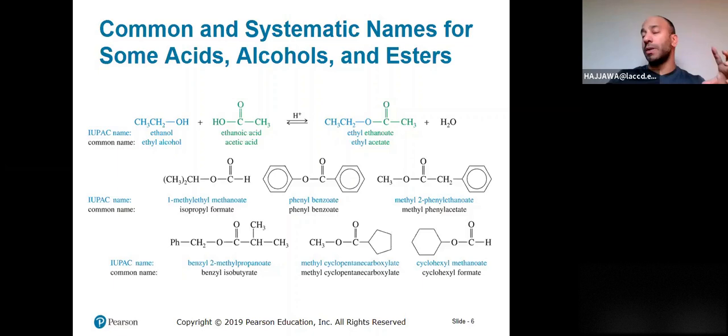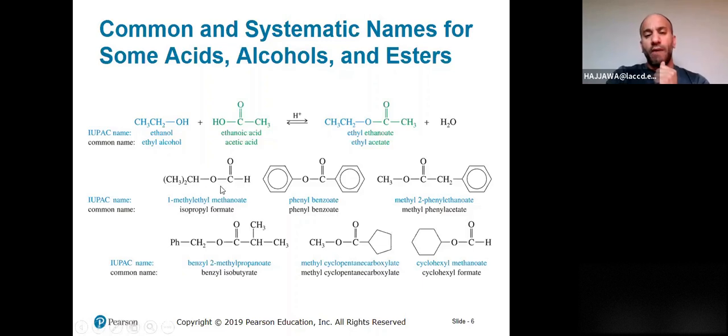Alkanoate, that's the ester chain. So when I have this molecule, that means I have an ethyl, and this is ethanoate. So ethanoic acid becomes an ethanoate when it's an ester. Common name is ethyl acetate. Again, you are responsible for naming these compounds the IUPAC way.